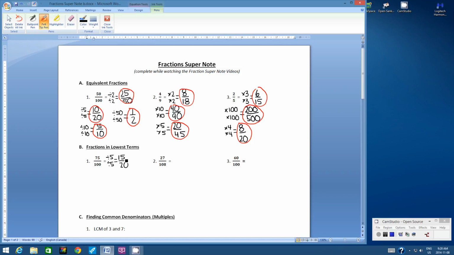All right, now before we think we're done, we always have to ask ourselves about the new fraction. Can this be reduced even further? So in other words, can we find another number that can divide evenly into the top and the bottom? Well, the numerator ends in 5 and the denominator ends in 0 again. So we know that we can divide again by 5.